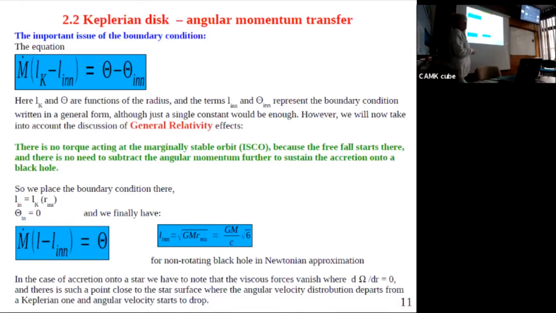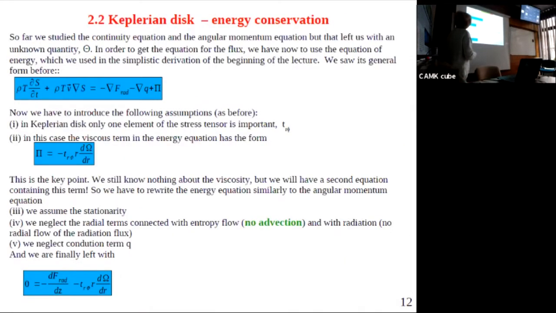But we still didn't use the energy equation, right? And previously we used the energy equation. So now we have to work with energy conservation, and that is even more complicated. So I didn't write this full equation in cylindrical coordinates, but you can always find Eulerian equations in cylindrical coordinates.